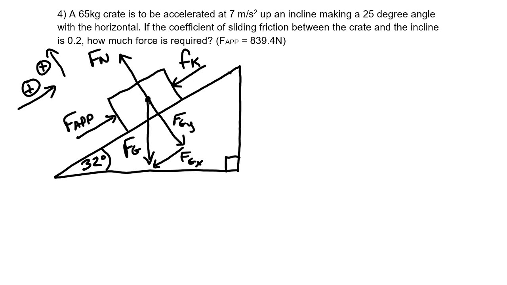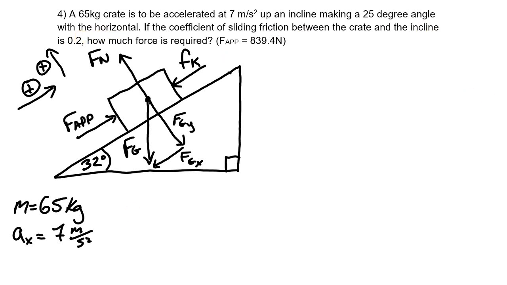Alright, now let's pull out all the given information. What is this 65 kilograms telling us? And what is that 7 meters per second squared telling us? In which direction? And what about that 0.2? It says if the coefficient of sliding friction between the crate and the incline is 0.2.